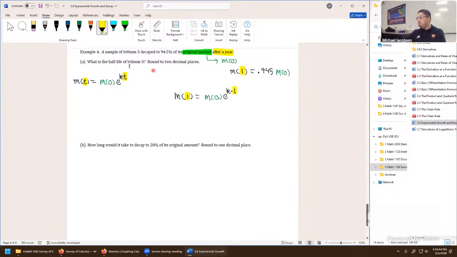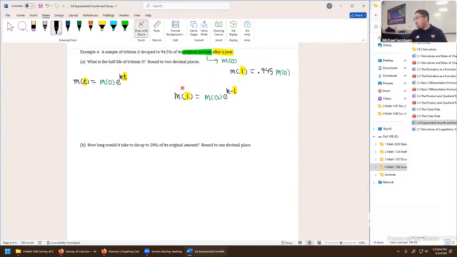So I've used this model right here to evaluate it. But we can also do another substitution. We also know from the information given in the problem that mass at time 1 is 0.945, 94.5% of the initial mass, and we can substitute that right here on the left-hand side.